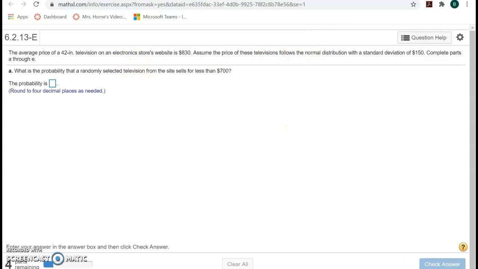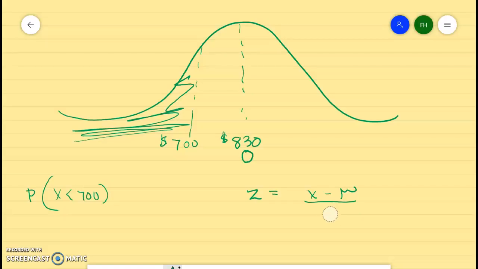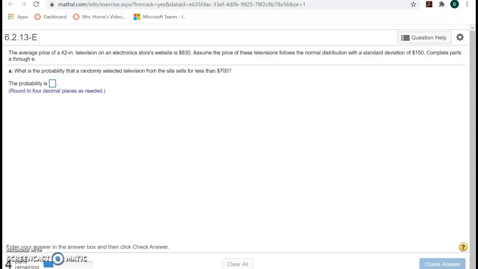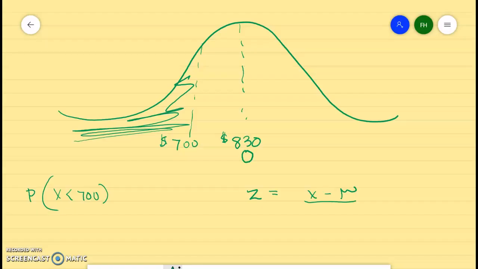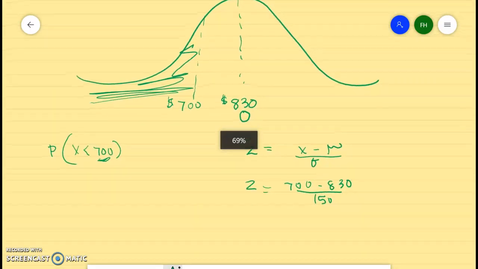Let's look at the formula. Yes, it is the population standard deviation. So x is the value that we're using, the mean is 830, and the standard deviation they gave us is 150.